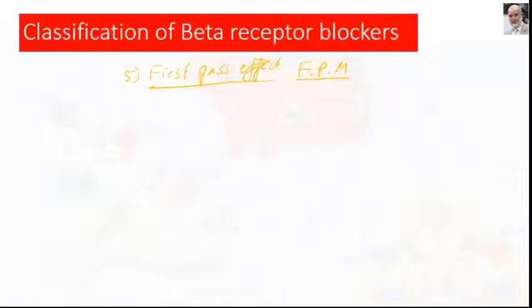In this case, we have to use higher doses of the drug to achieve therapeutic concentration in the blood. The most famous example is propranolol, the prototype of beta blockers, which is exposed to first pass effect.